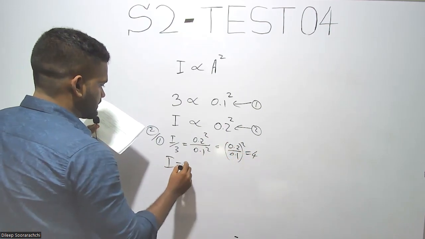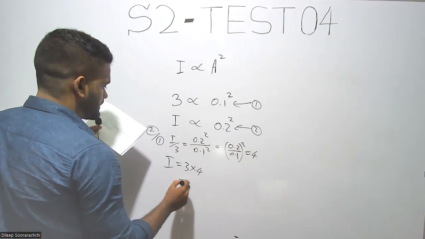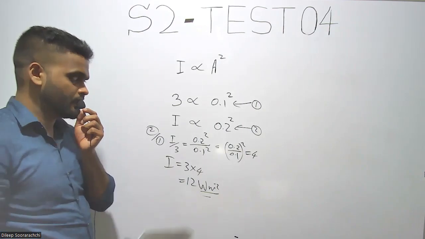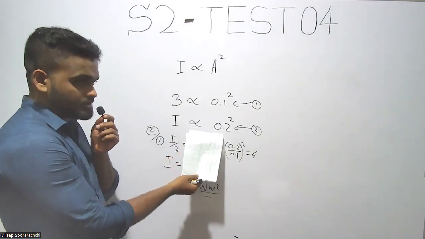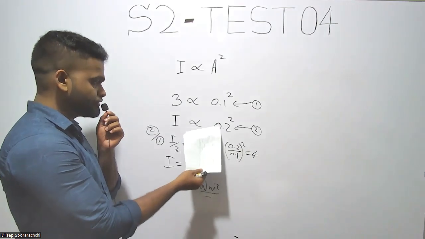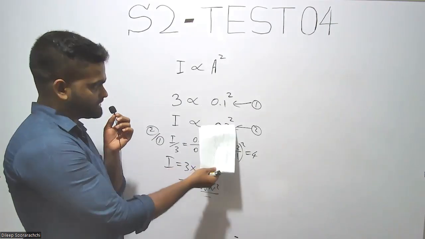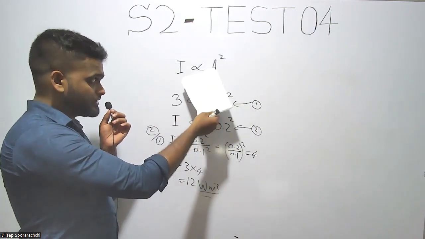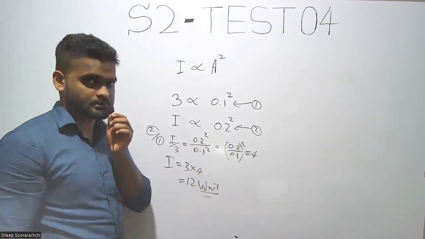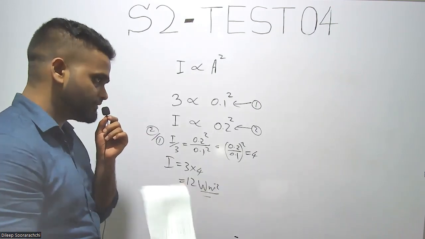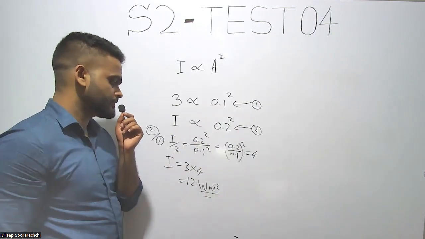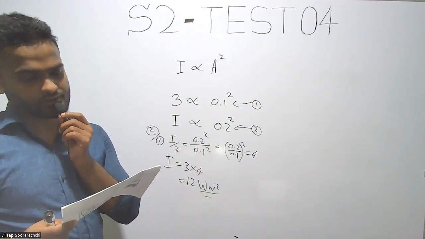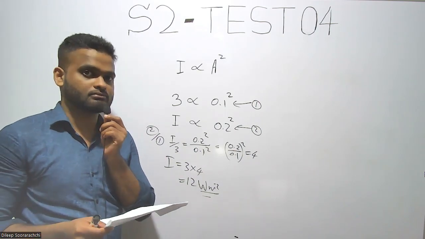So I is equal to 3 times 4, that is 12 watts per square meter. Here the amplitude has doubled, so the intensity should be quadrupled because it is squared. I is proportional to A squared. If A is doubled, intensity should be increased by 4 times. So the answer should be 12 watts per square meter, the fifth one for the 8th question.